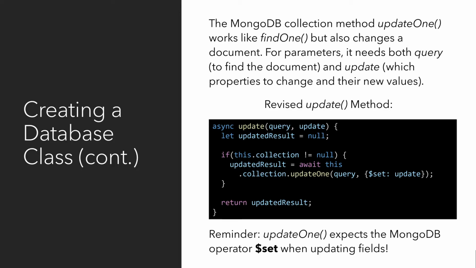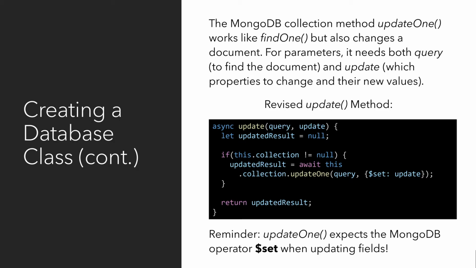And notice now in the updated code for the use of update1, this.collection.update1 has the query, what document to find, and then has set, and then what properties and what values to update as its fields for that single document.